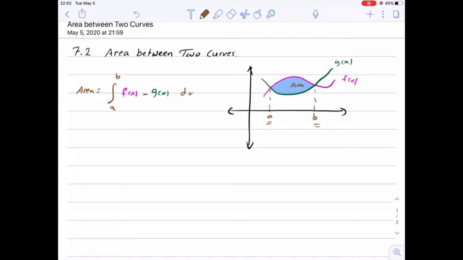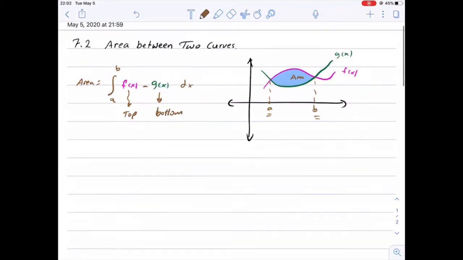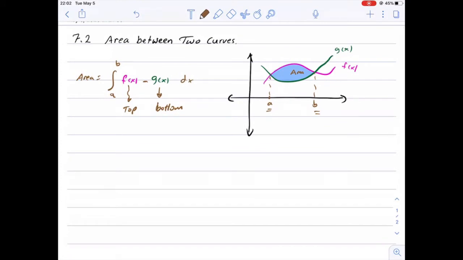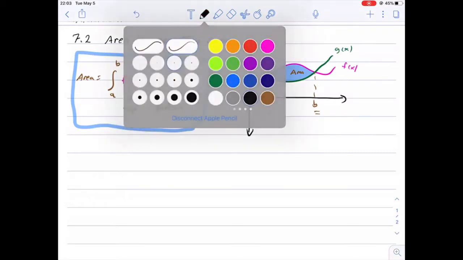So we use this formula. f of x is the top function and g of x is the bottom function. So this formula should give us that area between function f of x and function g of x from x equals a to x equals b.